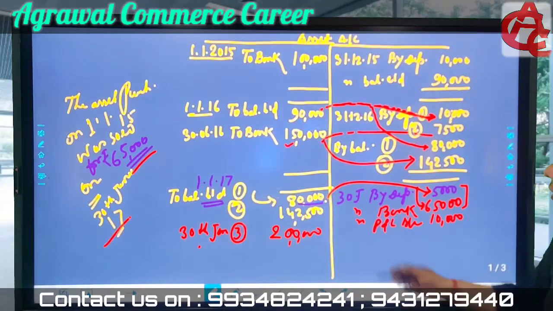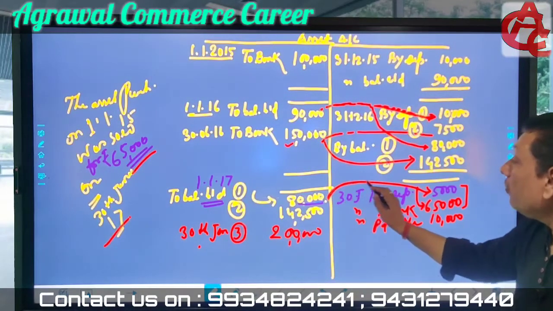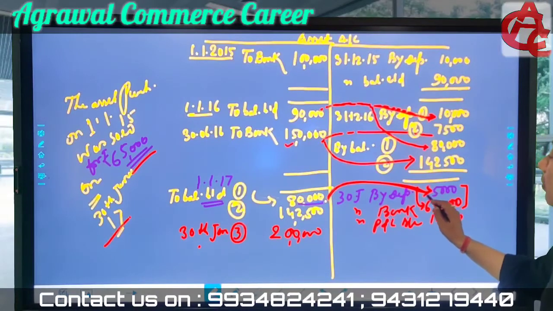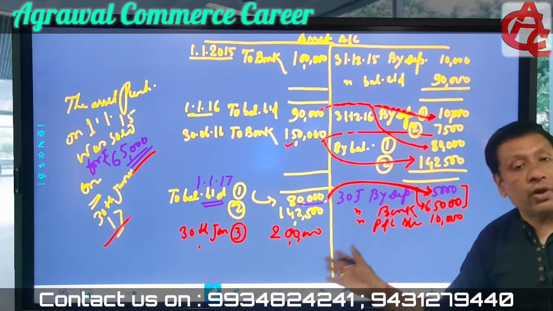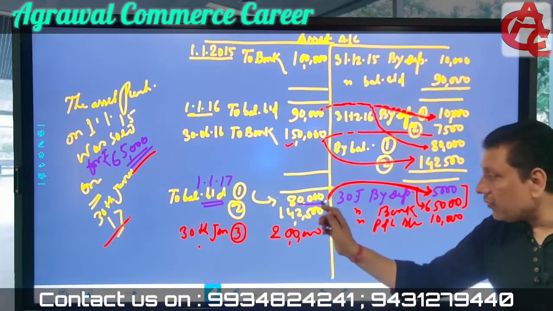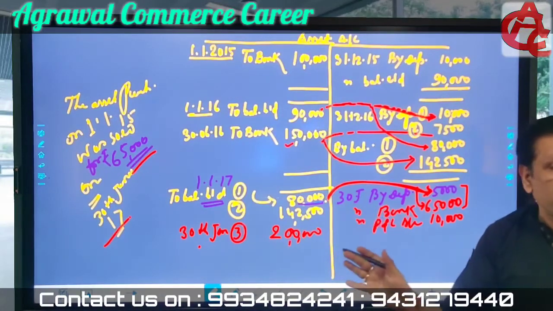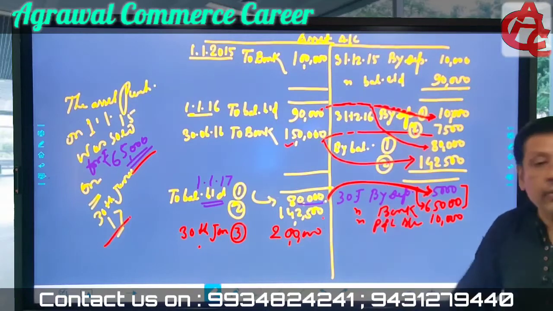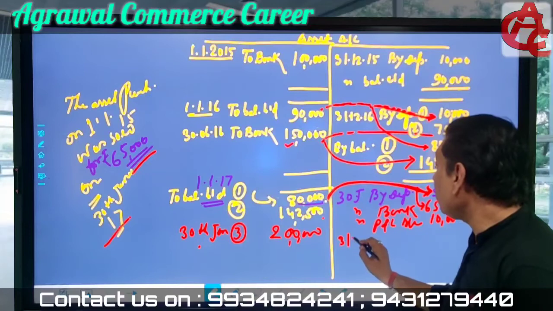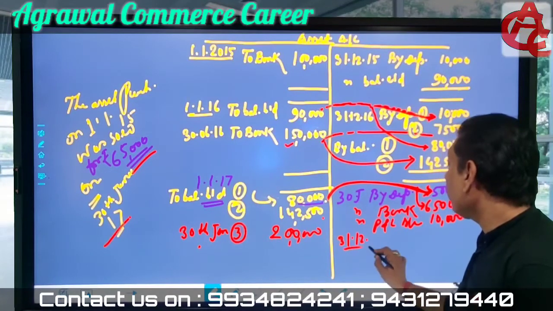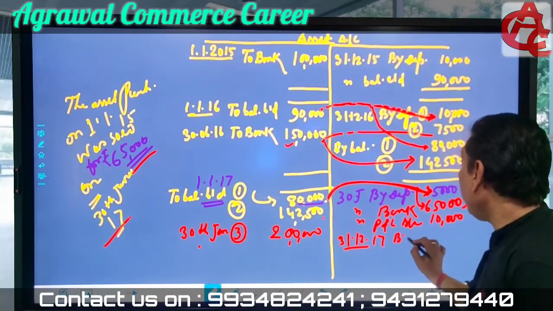Now what will you do? Nothing to worry about the first one. No depreciation will be charged because that asset has been disposed of. Now the second one is remaining. So depreciation will be charged on 31st December 17.